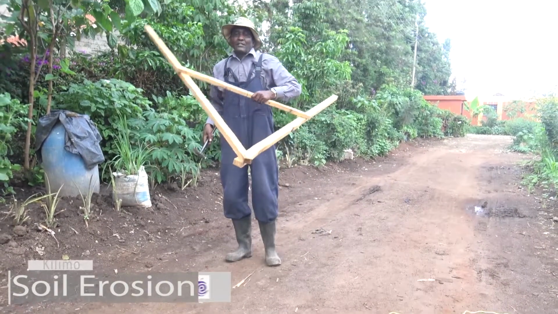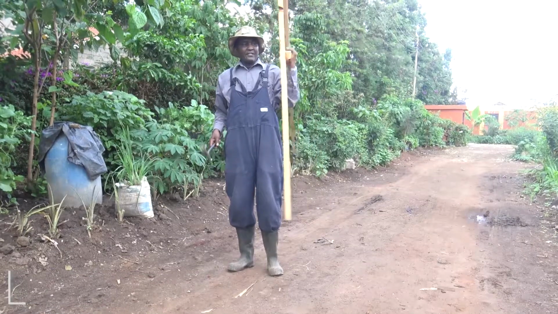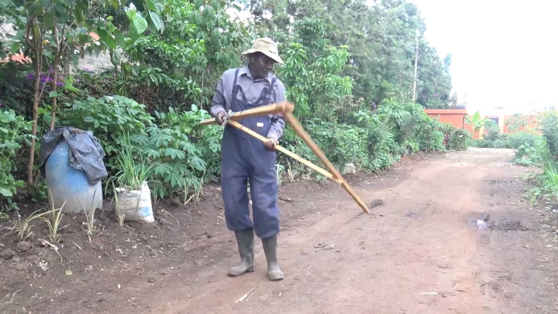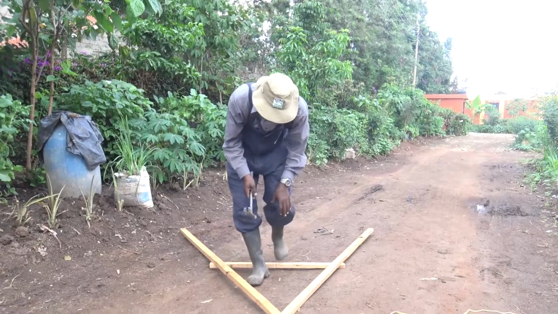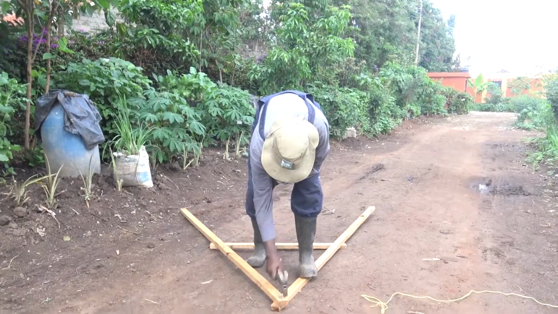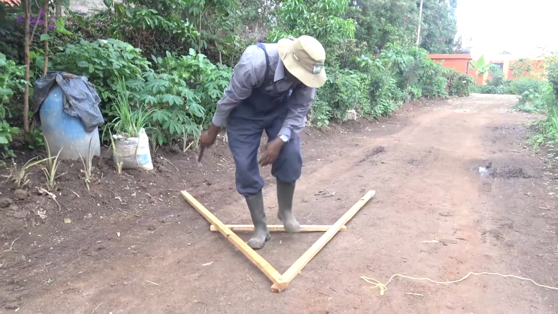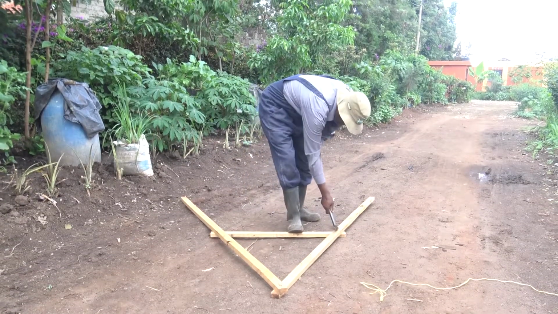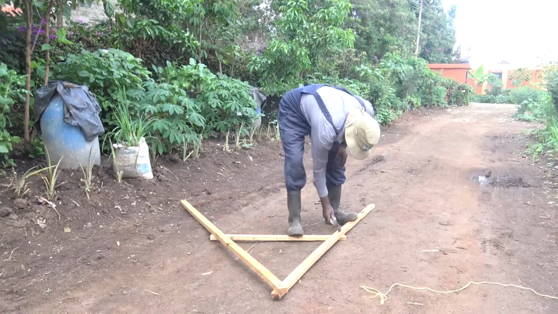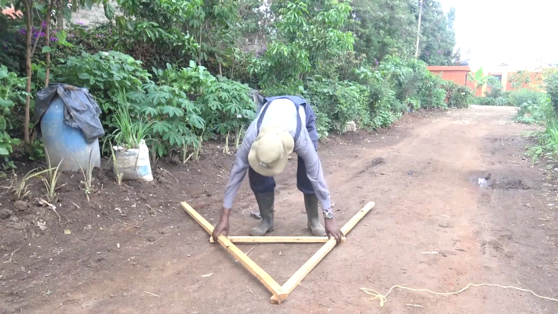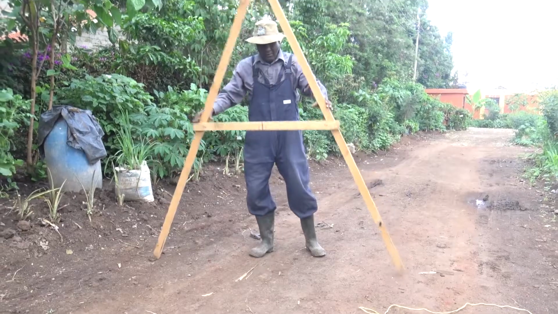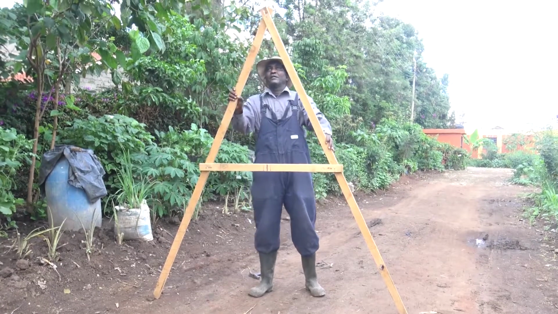Then you turn it the other side like this. See if the nails have come to the opposite side. And you follow like that. And so we have our letter A.